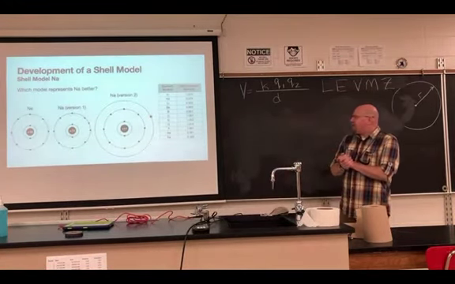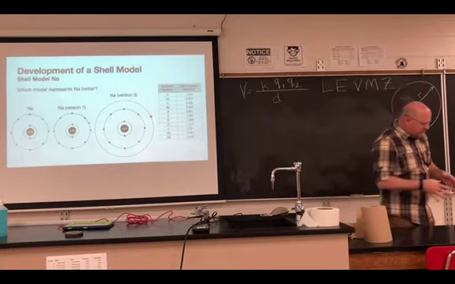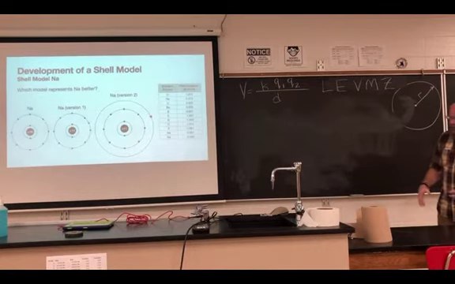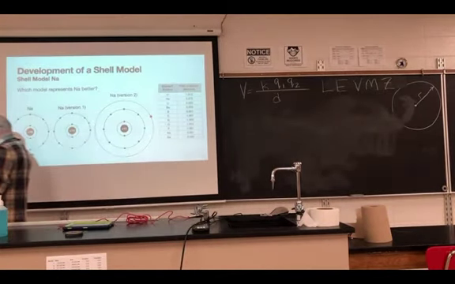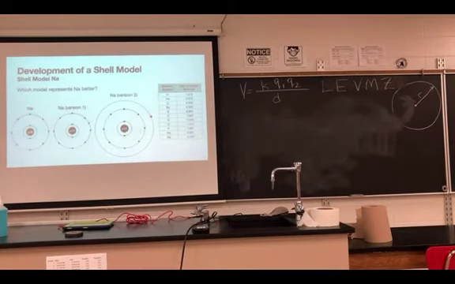Just pick up and do a quick review of what we had last time. So last time in class, we saw in the lecture how we've got evidence now for why you were told in middle school the first energy level holds 2, the second energy level holds 8, and so forth.